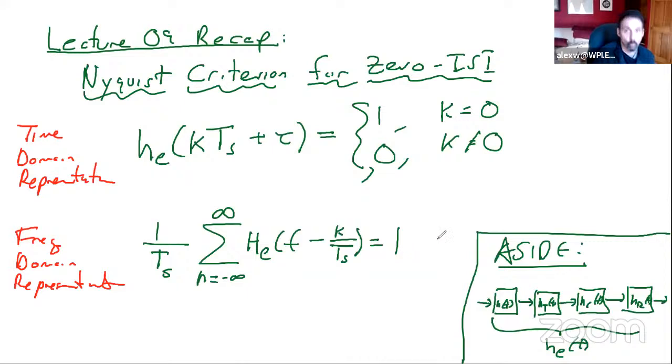This should equal 1. I didn't have the 1 over Ts, otherwise it would have been equal to a constant. But it should be equal to 1 for all frequency values. So in the time domain, your waveform, once sampled by Ts, should look like this.